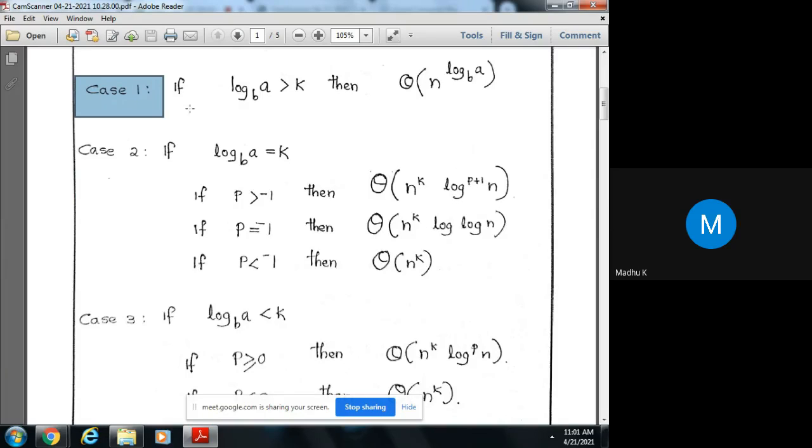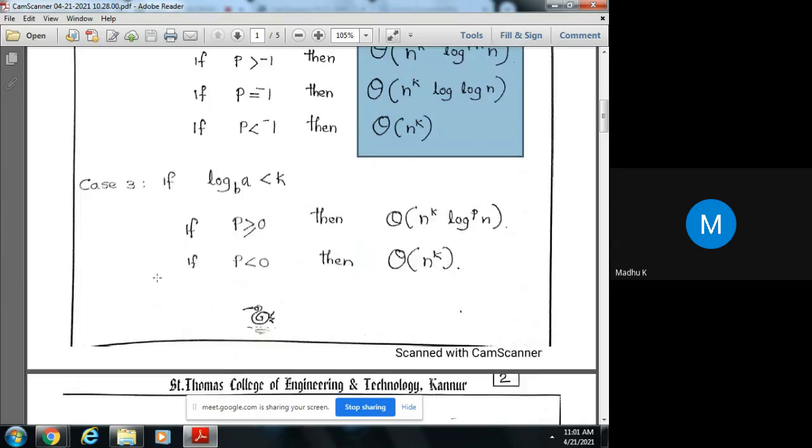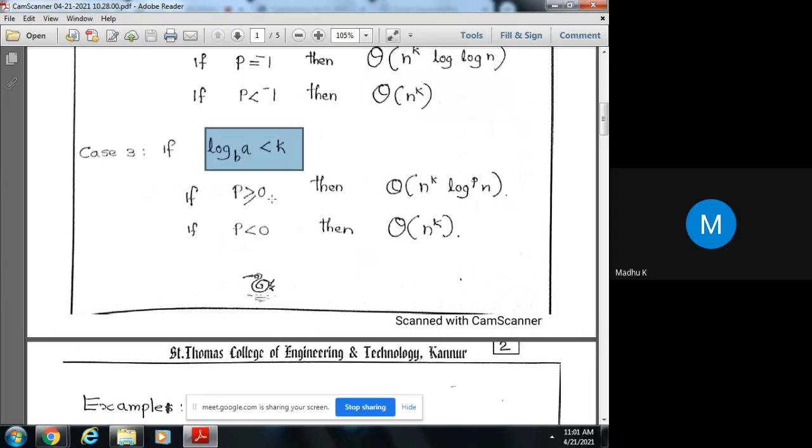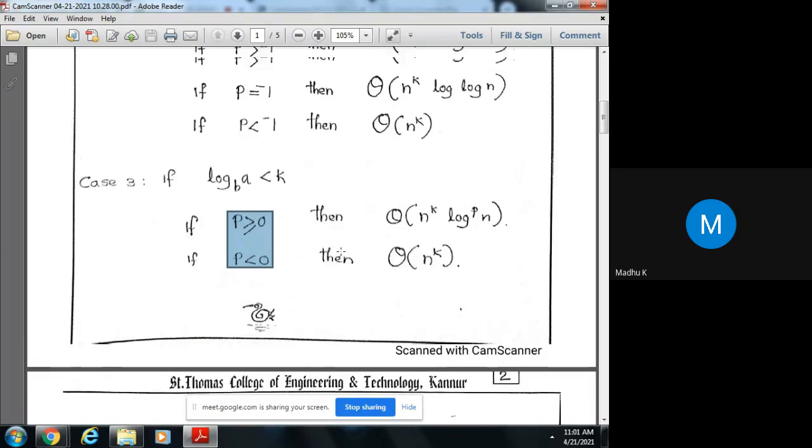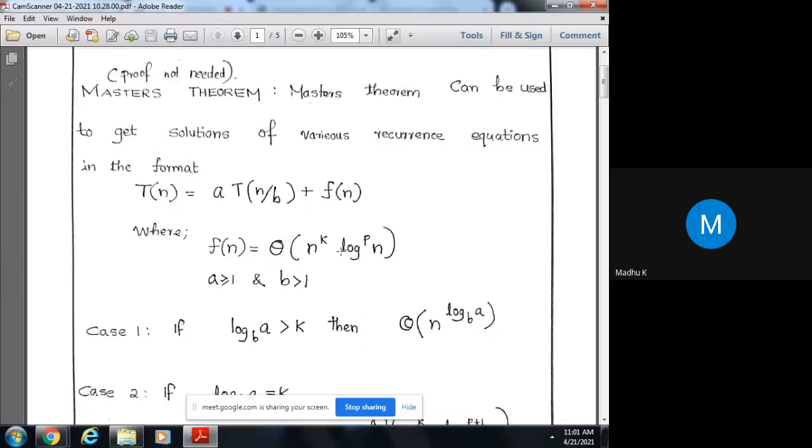Case 1, this is the complexity. Case 2, log base b a equal to k, then we check these three conditions, and then this will be the complexity. Then case 3, we check two conditions, and this will be the complexity. This is the master theorem.